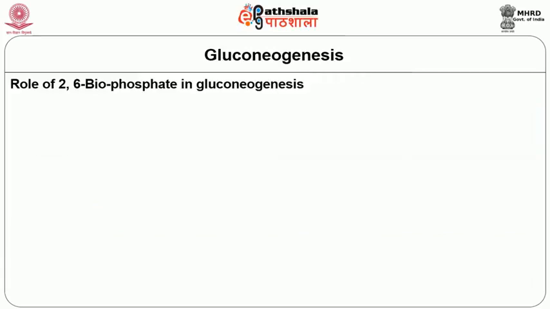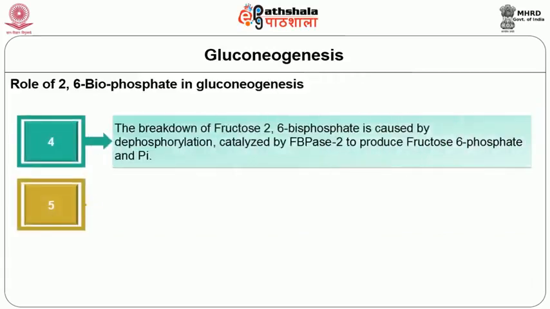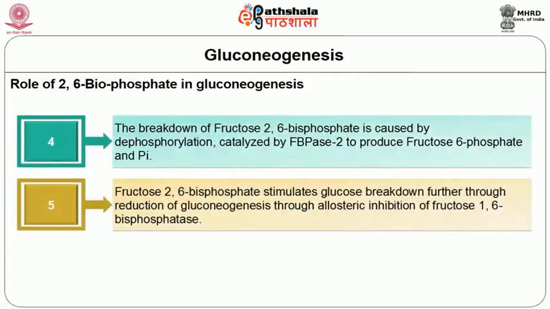The breakdown of fructose 2,6 bisphosphate is caused by dephosphorylation catalyzed by FBPase2 to produce fructose 6-phosphate and Pi. Fructose 2,6 bisphosphate stimulates glucose breakdown. Further, it reduces gluconeogenesis through allosteric inhibition of fructose 1,6 bisphosphatase.